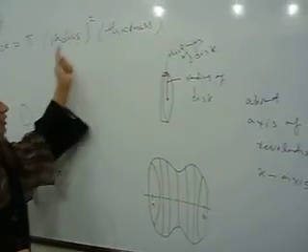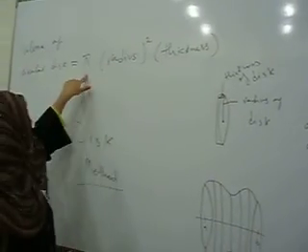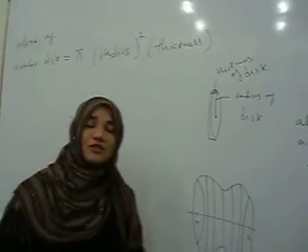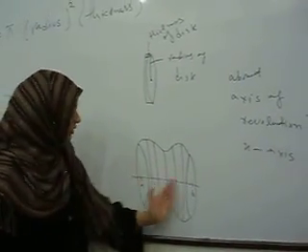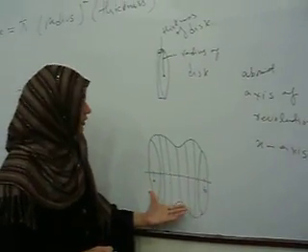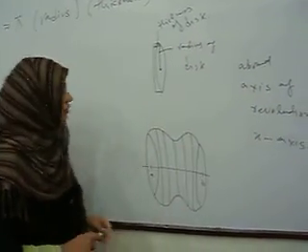So taking thickness and radius square multiplied by pi, I'll get the volume of one circular disc. Integrating this over the whole region between A and B, I'll get the volume of the whole solid of revolution. So for this I need one example.